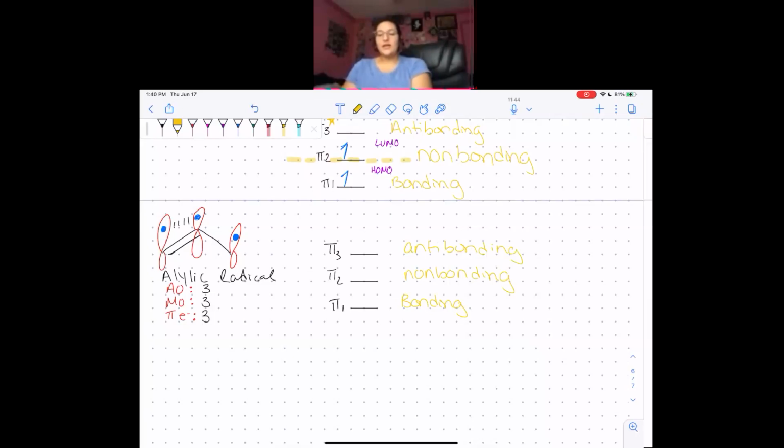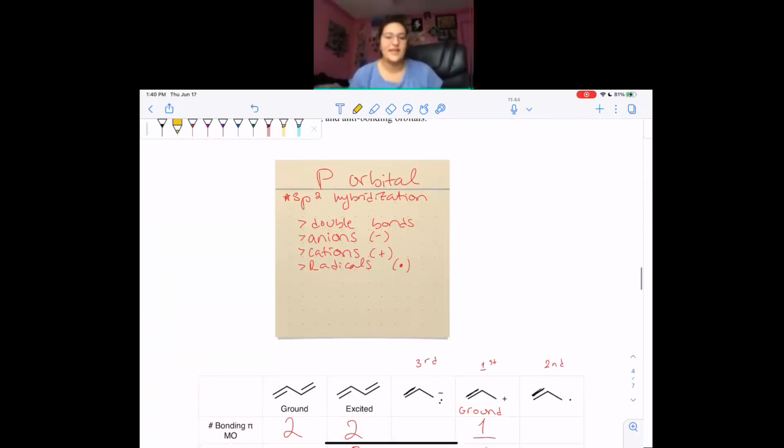Okay. So someone had asked, even though the radical isn't part of a double bond, is it still going to count as a pi electron? So yes. We're going to scroll real quick back to this handy dandy note. P orbitals and pi electrons are anything sp2 hybridized. So double bonds, anions, cations, and radicals.